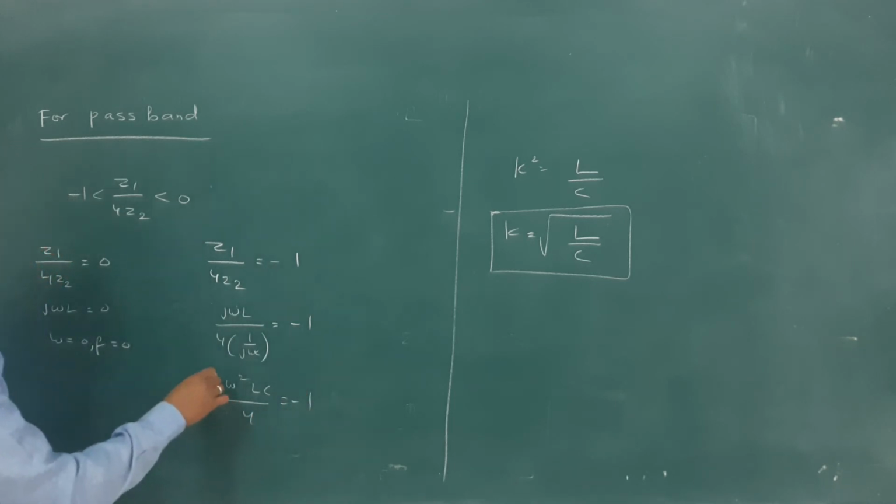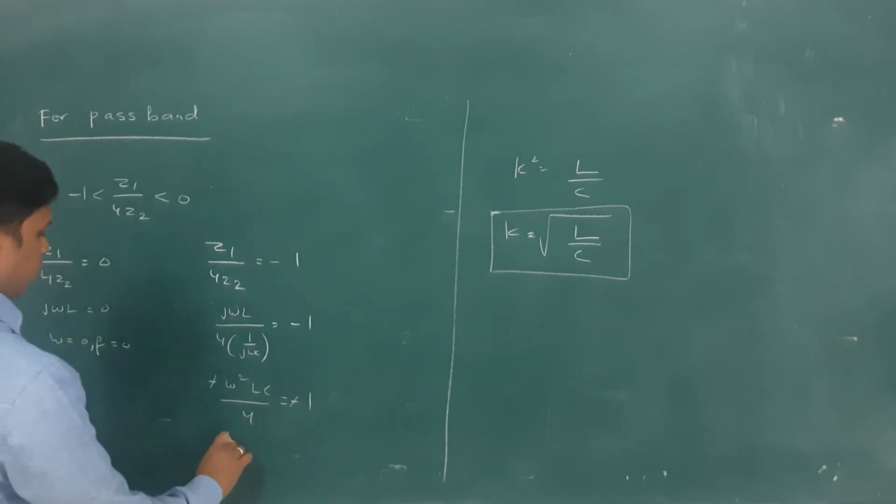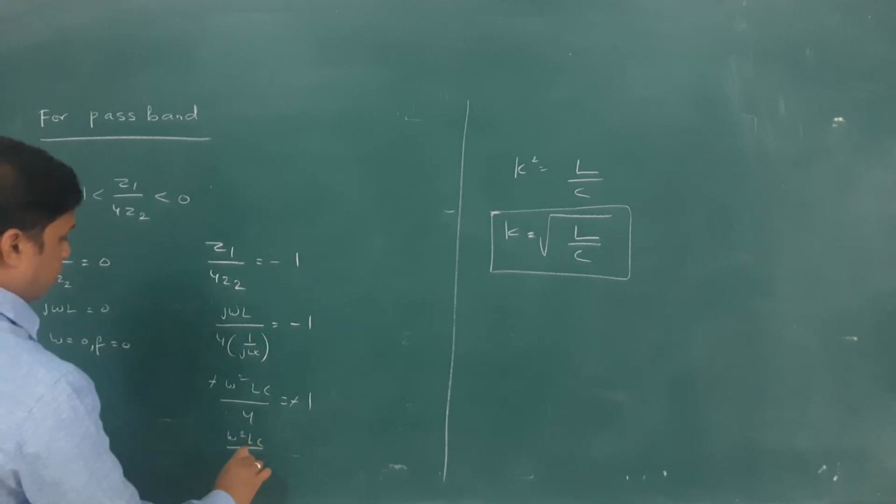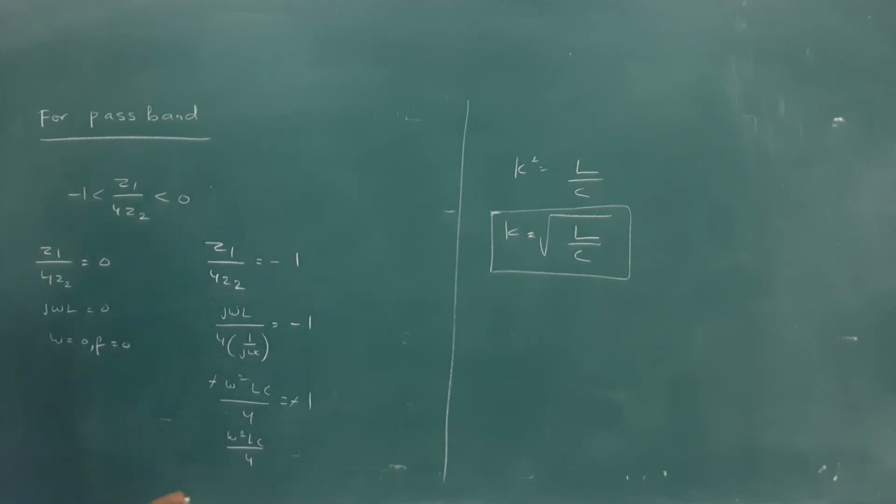So minus minus gets cancelled and omega square LC by 4 is equal to 1.